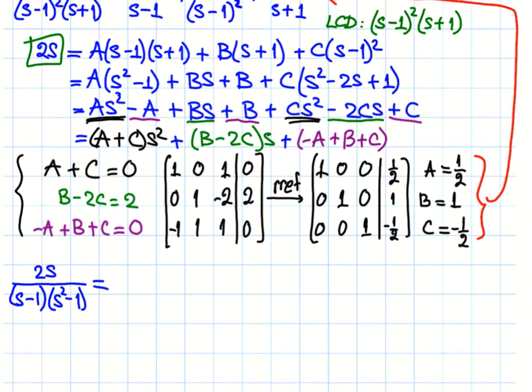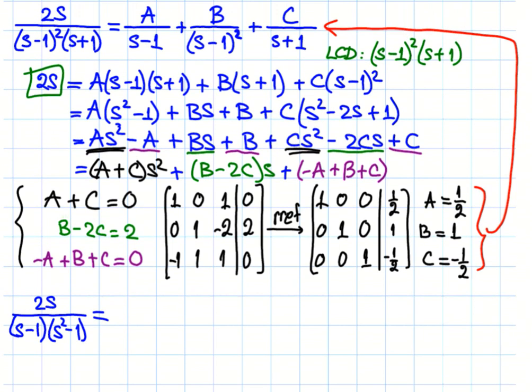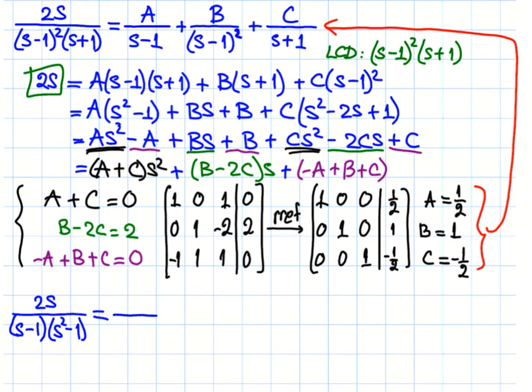On the right hand side, we will have A over s minus 1. A is 1/2, s minus 1, plus B is 1 over s minus 1 squared, and minus 1/2, s plus 1.